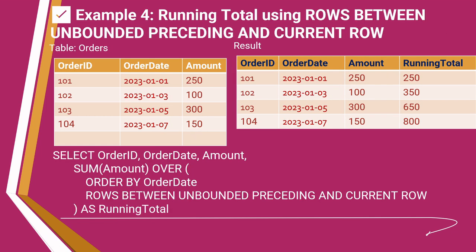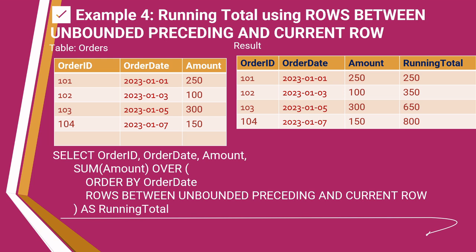In this example, we use the ROWS BETWEEN UNBOUNDED PRECEDING AND CURRENT ROW clause to explicitly define the window frame. It starts from the first row of the dataset and goes up to the current row in the ordered result.